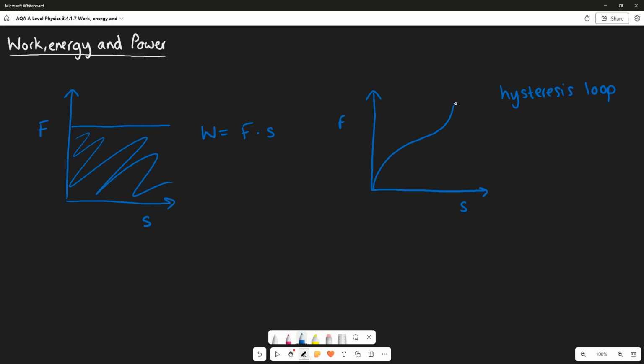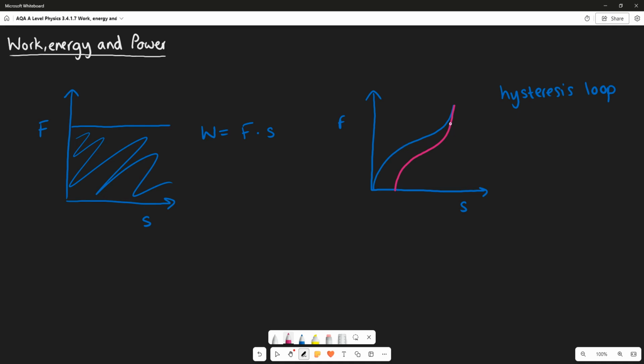If you then measure what happens to its length as you remove the load, you may get this type of behaviour. Indicating that it has permanently deformed, it's permanently changed its length, it is stretched from the starting conditions to this value.